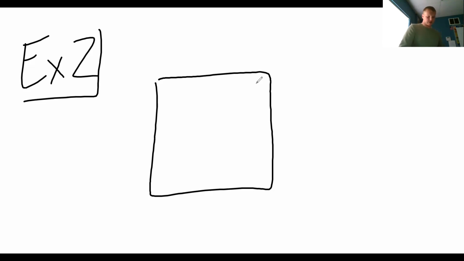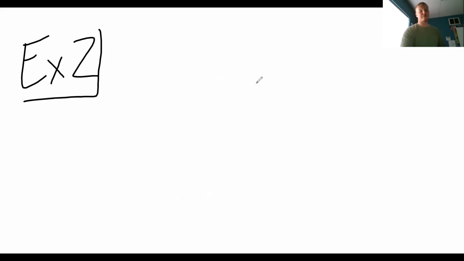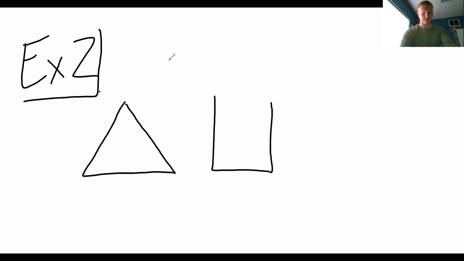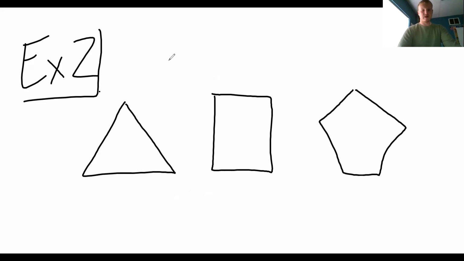So what is a polygon? Those are flat shapes. Anything that is a flat shape is a polygon. So we got a triangle, we got a regular square, we could have a pentagon, we could have a hexagon, so 6 sides.